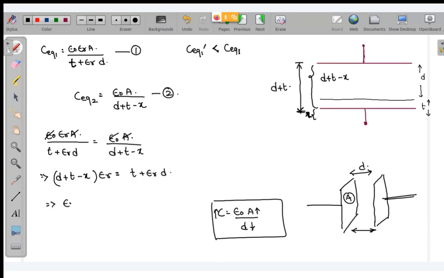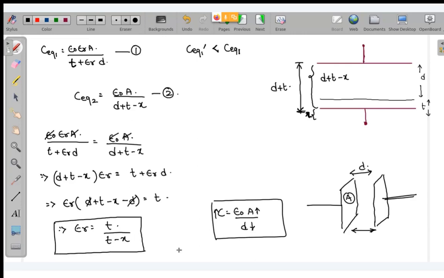So epsilon r common, D plus T minus X minus D is equal to T. So D cancels. Epsilon r is equal to T divided by T minus X. So this is the value of epsilon r, which is equal to T divided by T minus X.